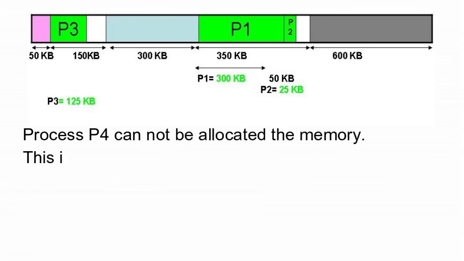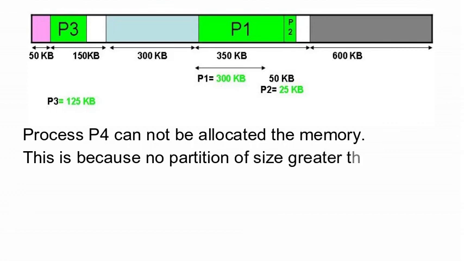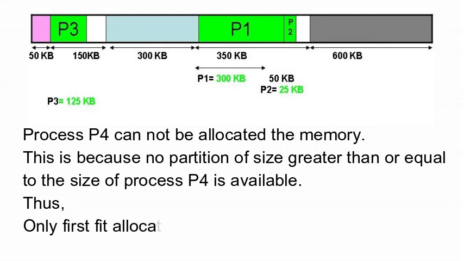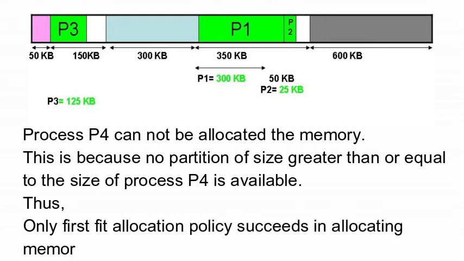This is because no partition of size greater than or equal to the size of process P4 is available. Thus, only the first fit allocation policy succeeds in allocating memory to all the processes. Answer.